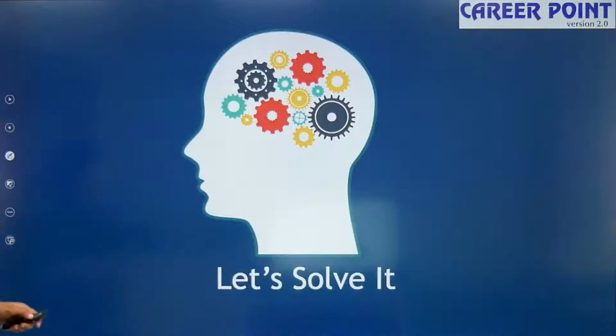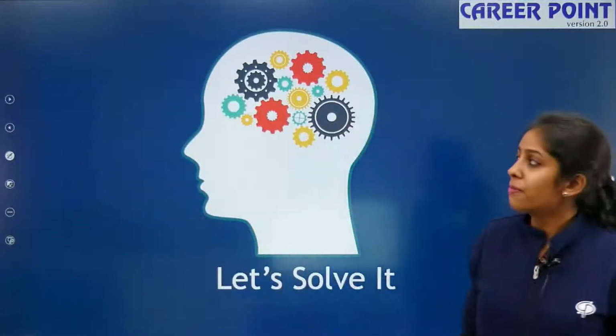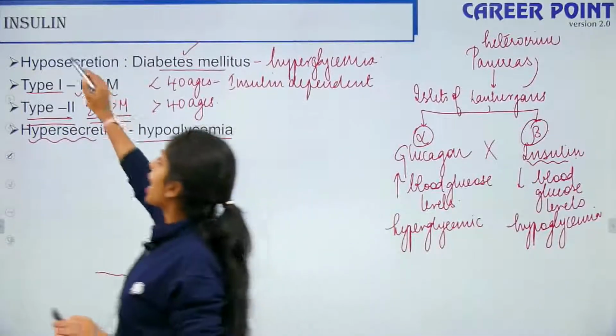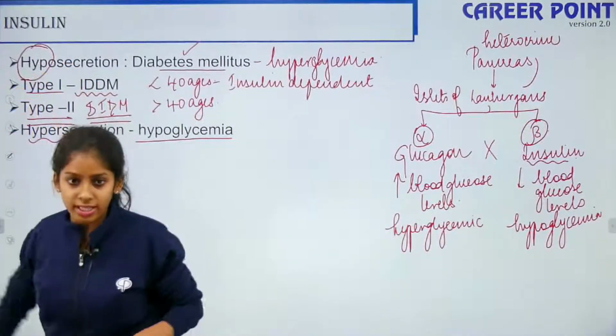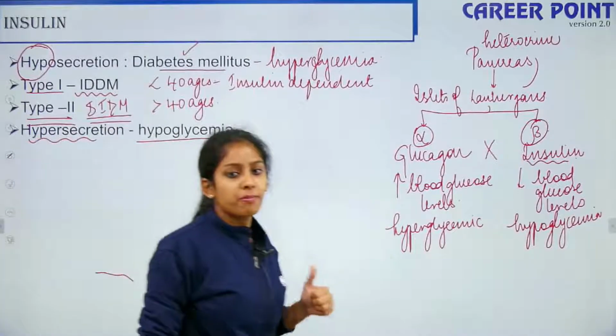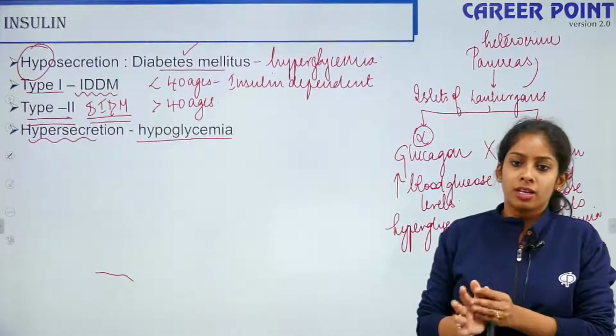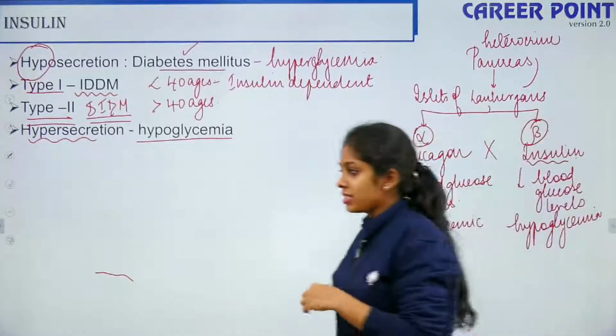Okay, so moving forward, this is all about the disorders. So diabetes mellitus is because of hyposecretion of insulin. When you have less secretion of insulin, that leads to diabetes mellitus. Okay? So shall we solve the questions and end the lecture?